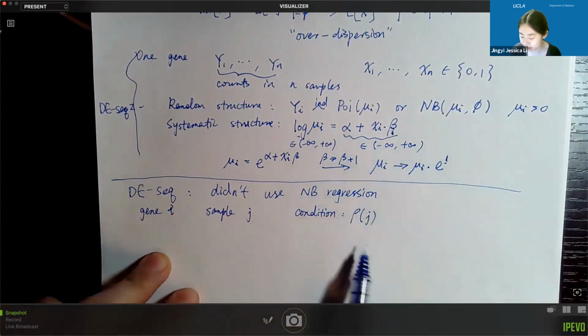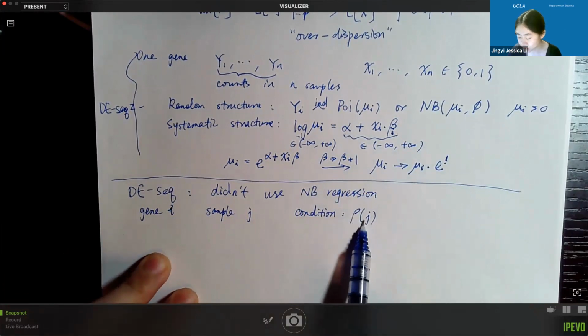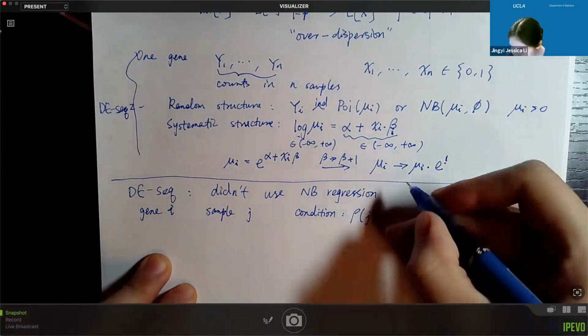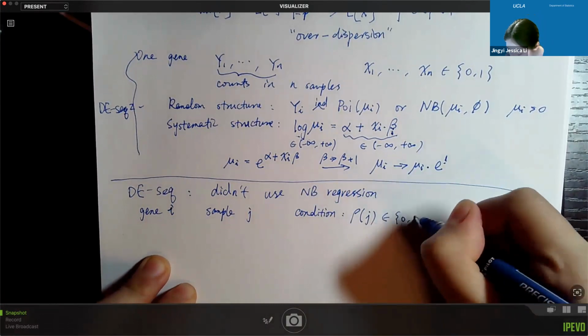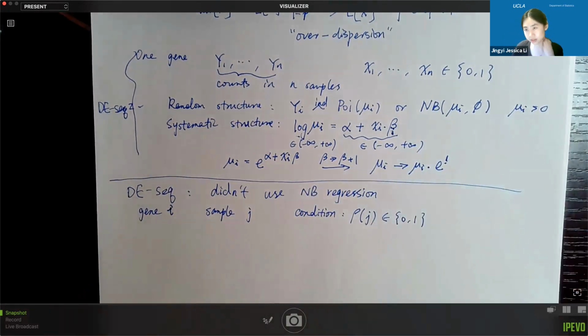In other words, for every j, we put it into this rho function and it gives me a 0 or 1 value. So rho j is binary. That's the condition mark. And something we need to consider is that each sample has its own sample size effect. Maybe you can consider that as the library size or some other effect.